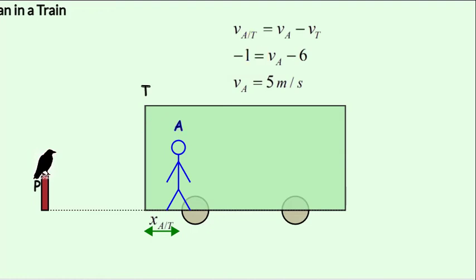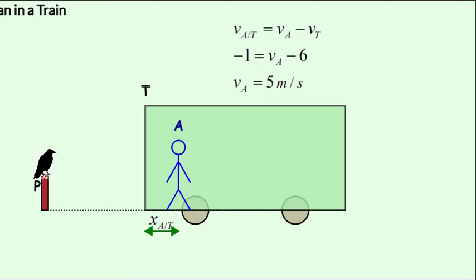And you can see that the displacement xa with respect to t reduces. The velocity of the train is given to us as 6 meters per second. From here, we obtain the velocity of the man A with respect to the ground as 5 meters per second.